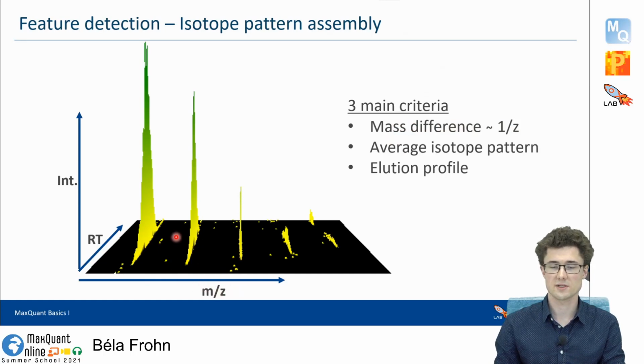So this is something we can take into account, but there are some other criteria we can take into account. So, for example, very important is that the overall profile over the retention time should look the same for every peak. And taking into account these different criteria, we can define which of our peaks belong together and which of them belong thus to one isotope pattern.